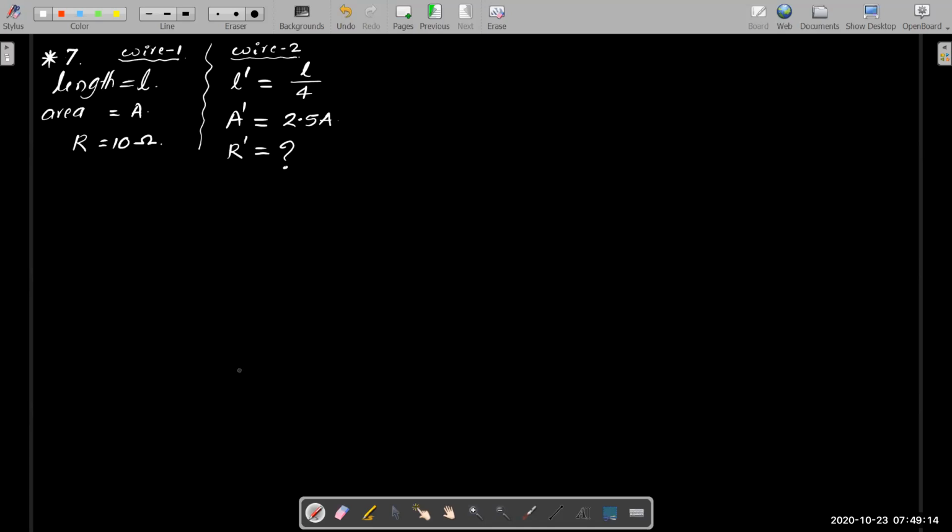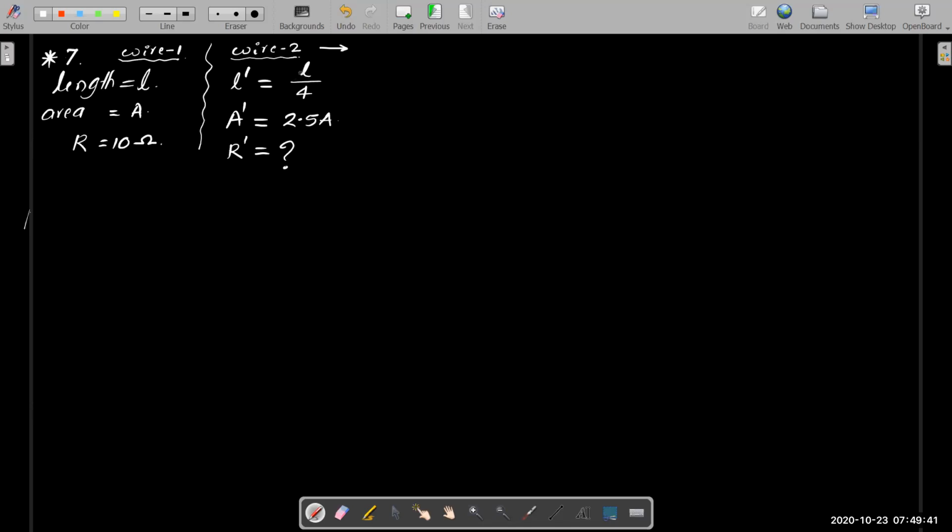See, it is a very tricky problem. Observe it. Here there are two wires of the same material. Assume that both are made of copper. For wire 1, length is given as L, area of cross section as A, and the resistance is 10 ohm.